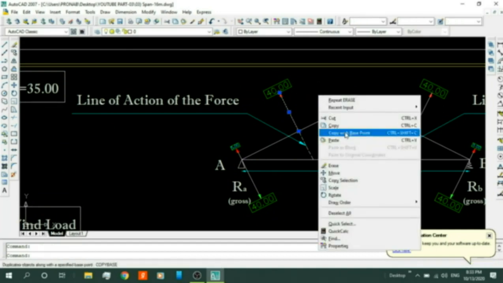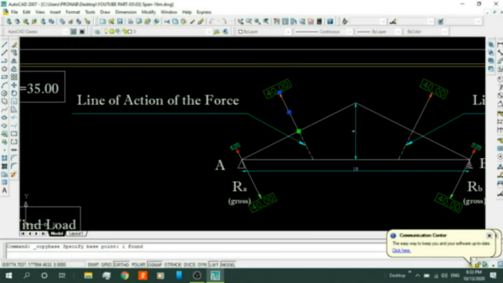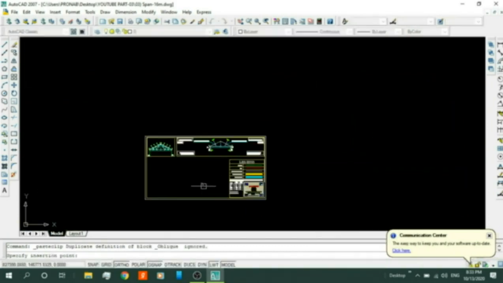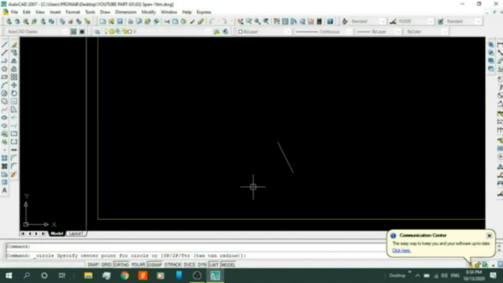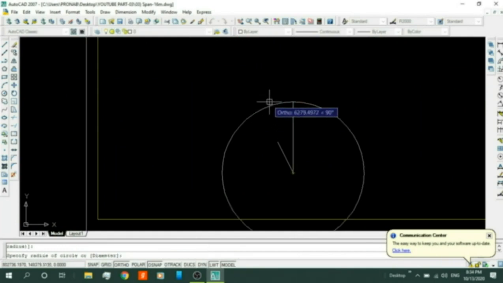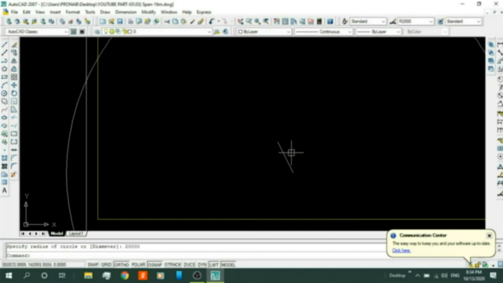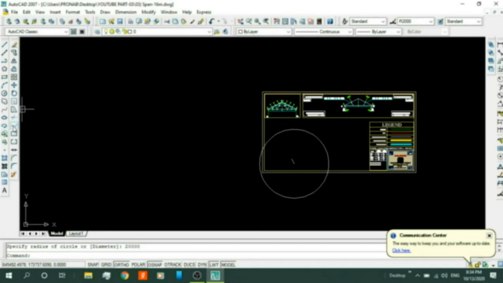Copy, paste here, draw a circle of radius 40 kilonewton. Here I am giving the dimension 20,000. Now extend the line.